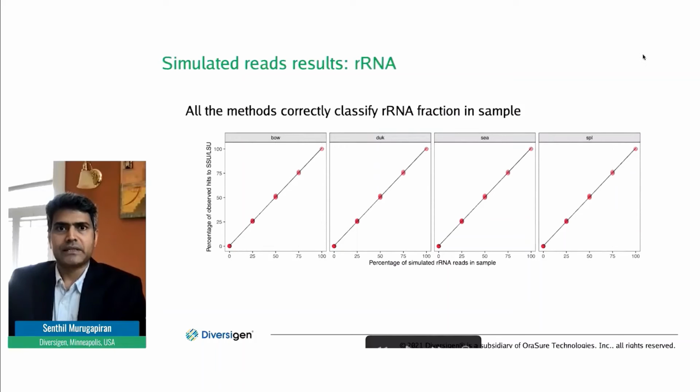As we see in this result, all the methods correctly classify the rRNA fraction in the sample. For example, if there is 0% rRNA, as in the first 5 rows of this table, they all get classified as no rRNA.